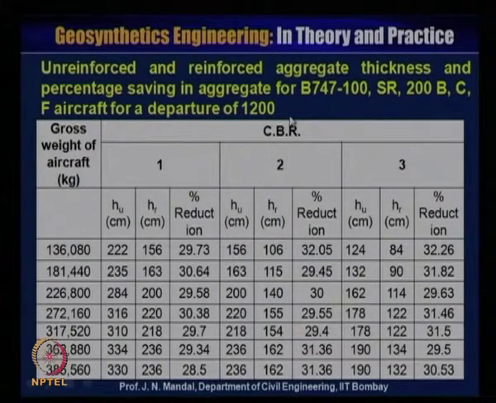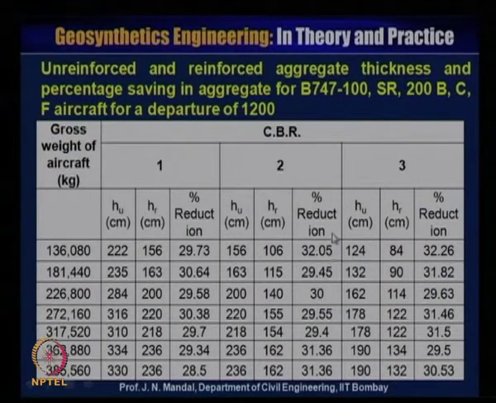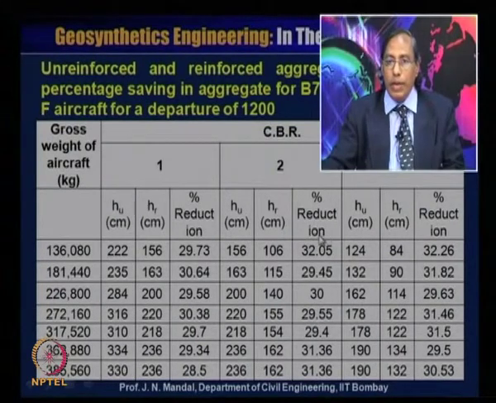When the CBR value is 2, here is the thickness of pavement for the unreinforced case, and the thickness for the reinforced case is 106 to 162. You can see in all cases the thickness of the pavement is reducing due to the introduction of geosynthetic material. So the percentage of reduction also varies from 31 to 32 percent.